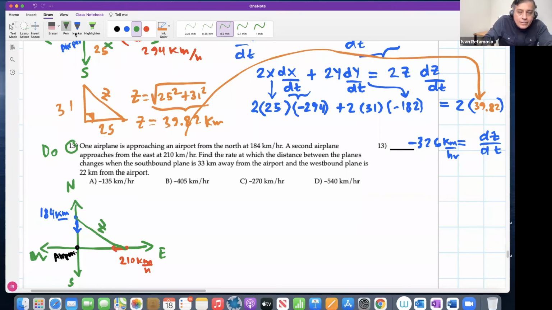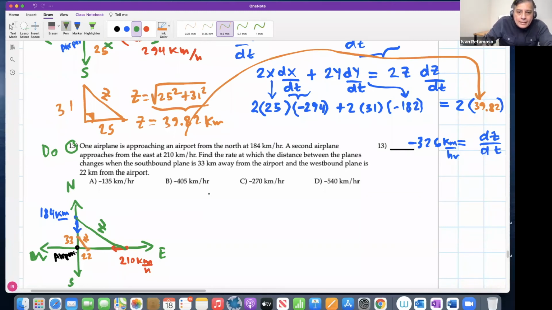And not at any moment, at this particular moment, when this guy is 33 kilometers away from the airport, and this guy is 22. At that moment, what is the rate of change of Z?